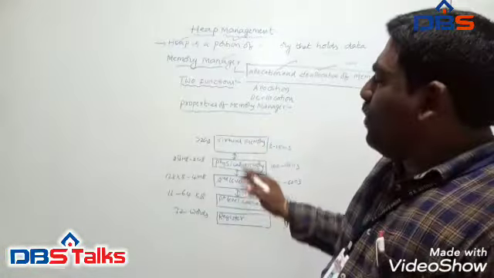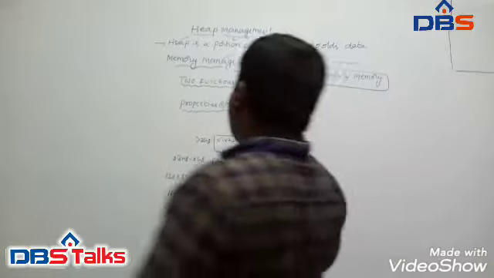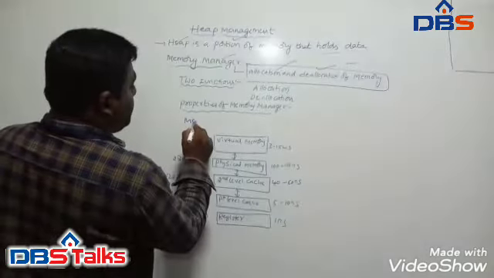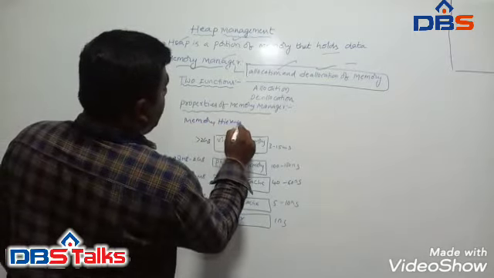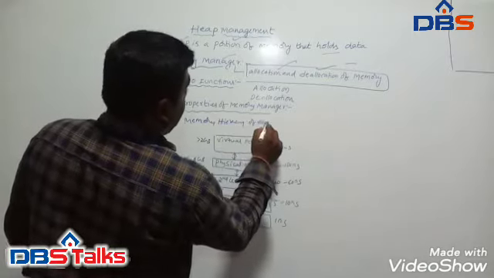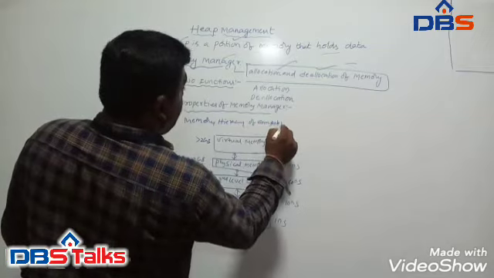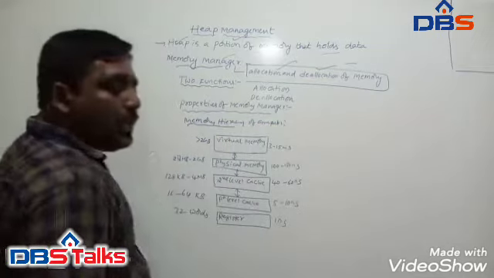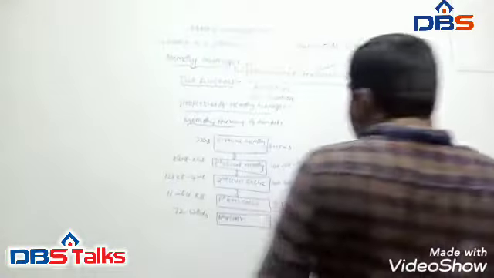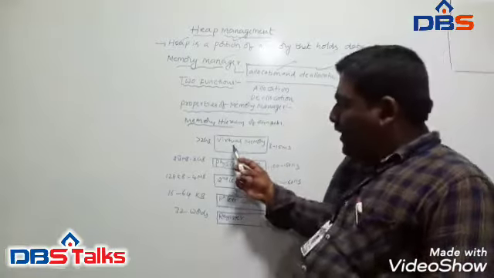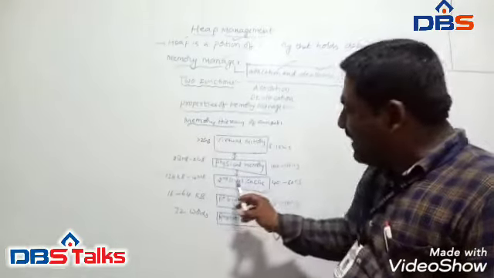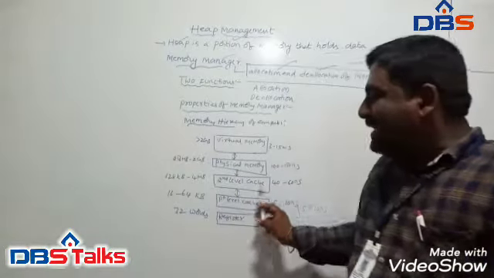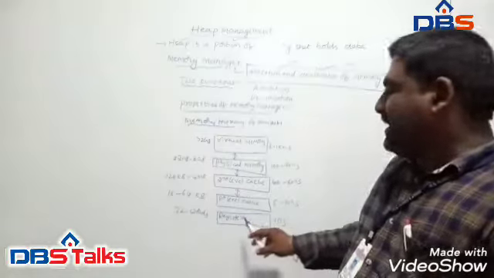Next, coming to the memory hierarchy of a computer. If you take the memory hierarchy of a computer, first we have virtual memory, then physical memory, then second level cache, then first level cache, and then register.